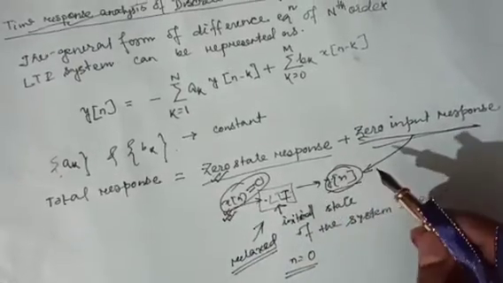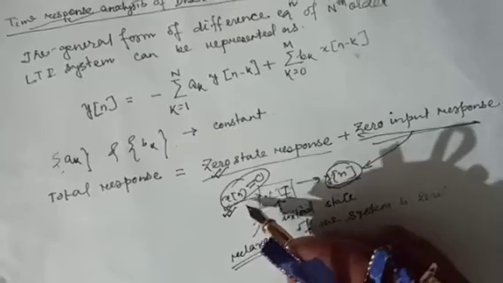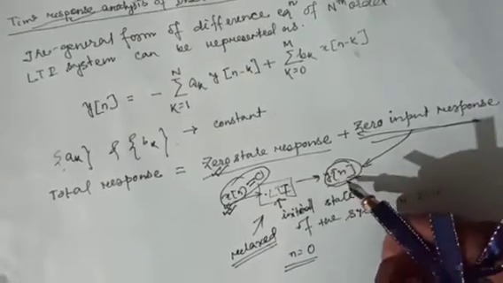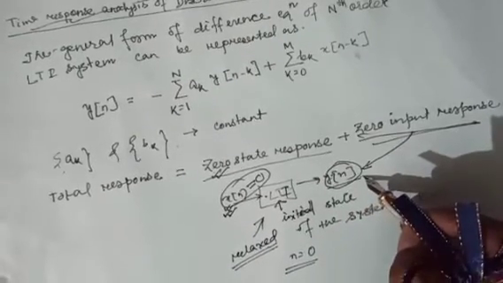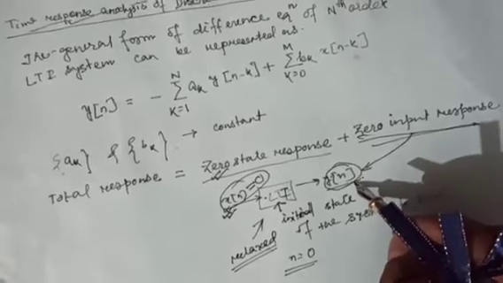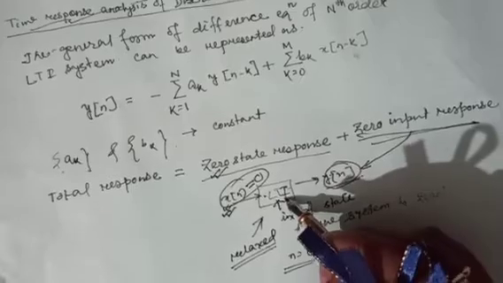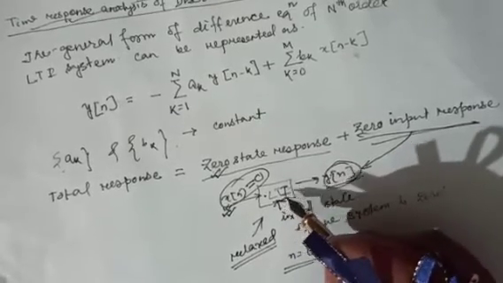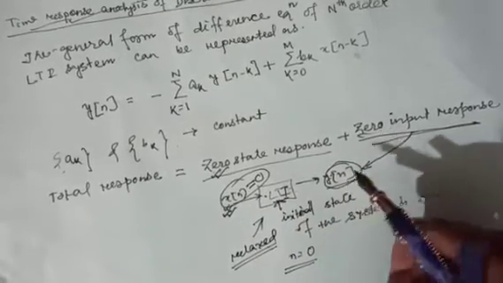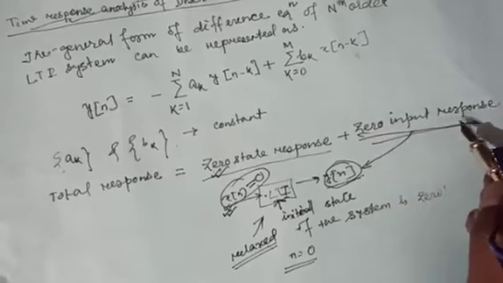That means you are not applying any input, but you are getting some output. Of course that output, that response, is because of some initial state within the LTI system itself, okay. So that is what is called zero input response.